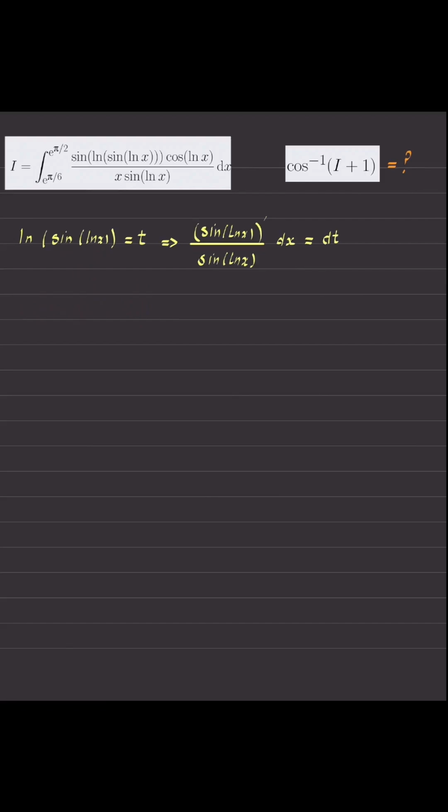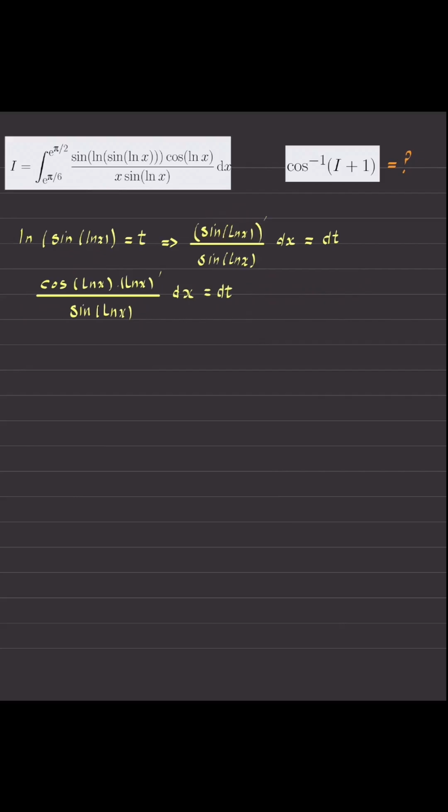But now I have to differentiate this function. Now I will give the role of u to this, and then I will have the derivative of sine of u, so it becomes cosine of u, but because of the chain rule I have to multiply it by u prime, divided by the denominator sine of ln of x, times dx equals dt.